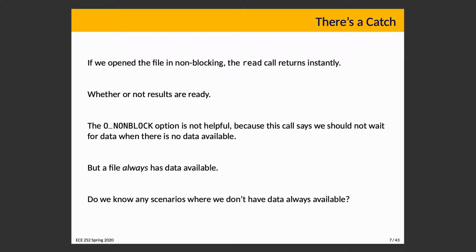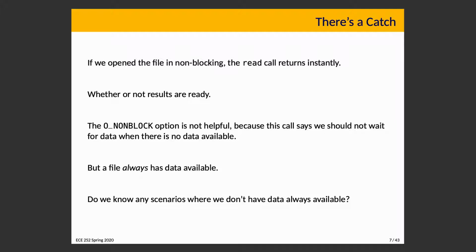Assuming the file that we want to read data from exists, then data is available because the file is there and the file always has data available. It takes us a significant amount of time to get it because we have to wait for it to be loaded in from disk, which is not instant, but we can get it. It will eventually arrive. So, yeah, the non-block flag doesn't help us there.